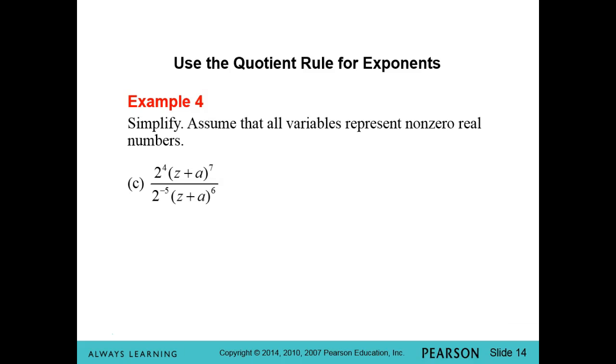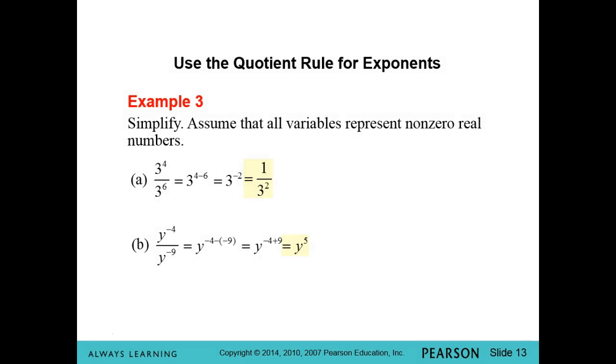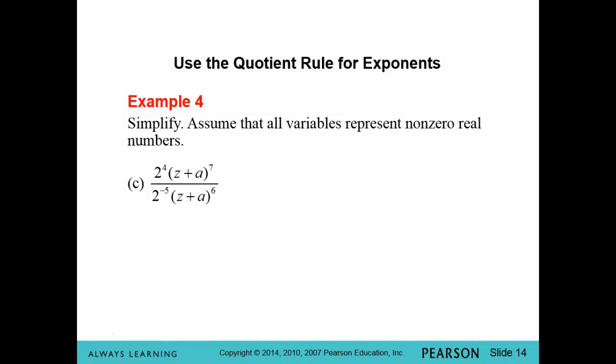Okay, let's see if there's a C. Yes, here's a C. Well, wait. It was example 3 on that slide. It becomes example 4 on this slide, which gets us back to the right number. I don't know what they're doing here. All right. Let's do that. Ooh, boy, what do we do with something like this?